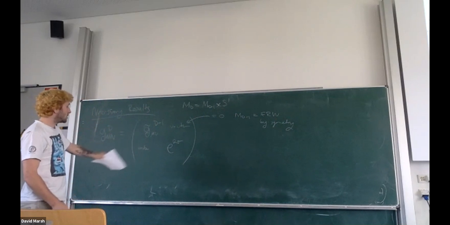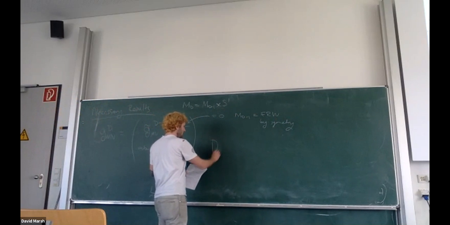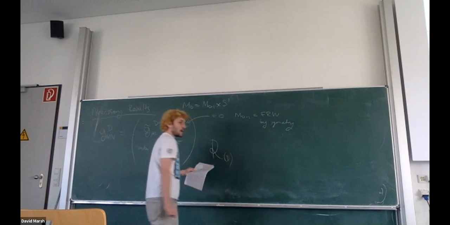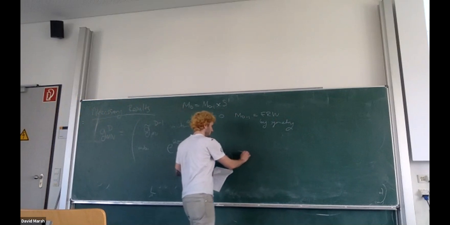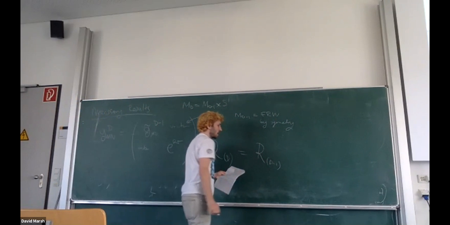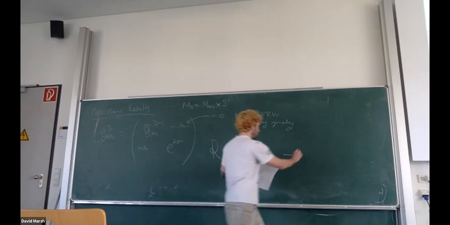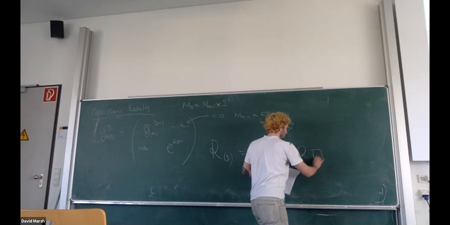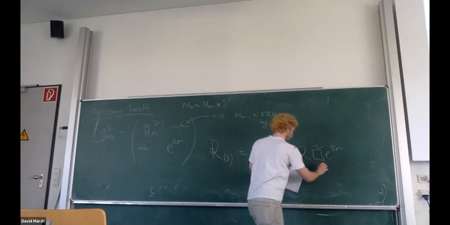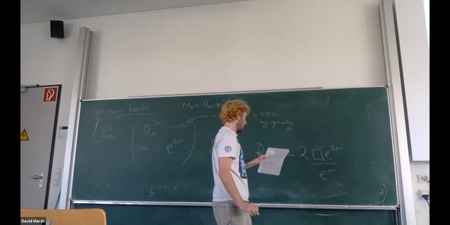So for such a metric, the Ricci scalar takes the following form. The Ricci scalar in d dimensions is equal to the Ricci scalar in d minus 1 dimensions minus 2 box e to the 2 sigma over e to the sigma.